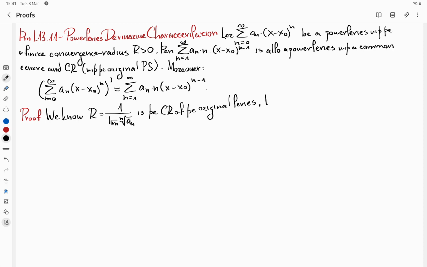We wish to show it is also the convergence radius of the differentiated, in quote marks, series.